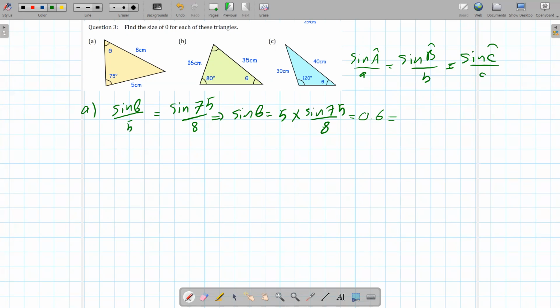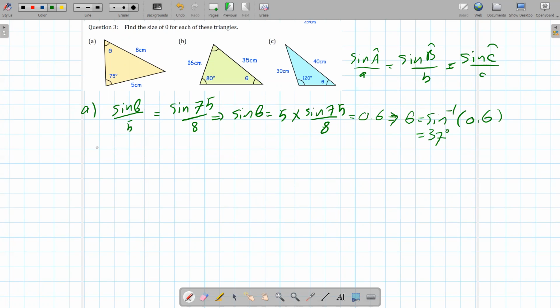Using my calculator, I find the angle theta, which equals the inverse sine of 0.6. Theta in this case will equal 37 degrees. This angle equals 37 degrees.